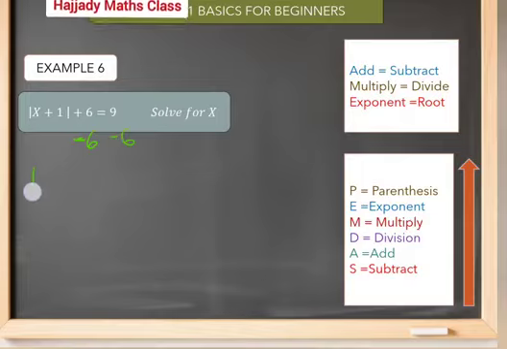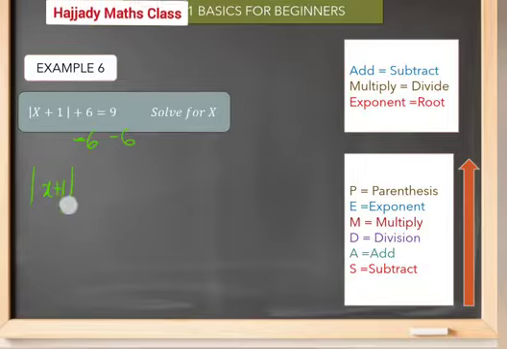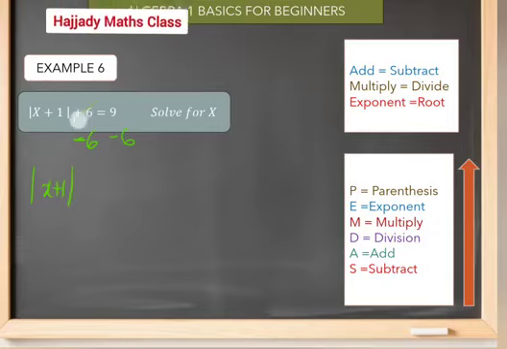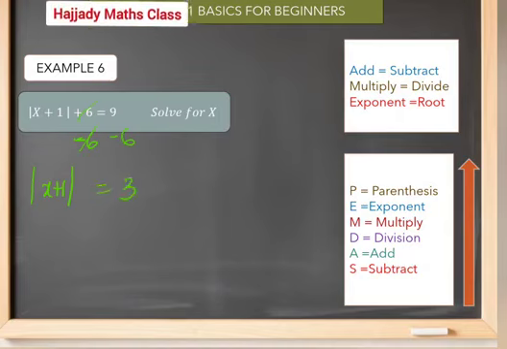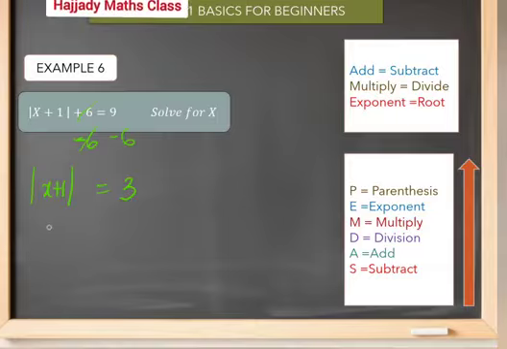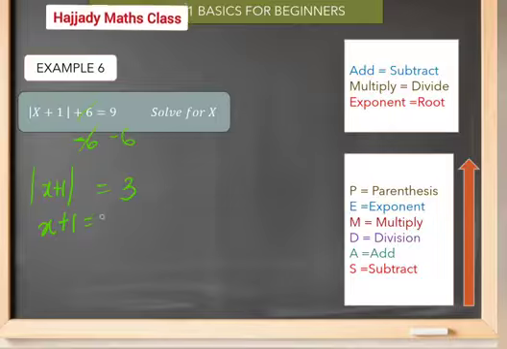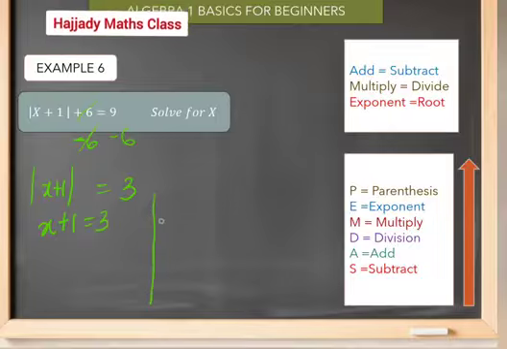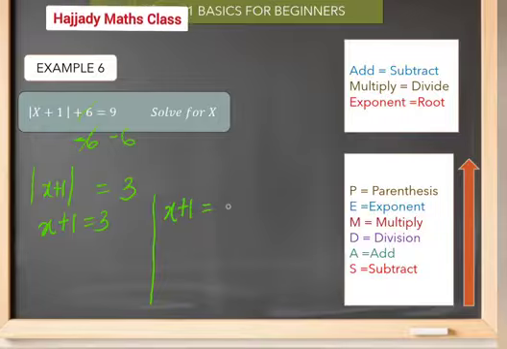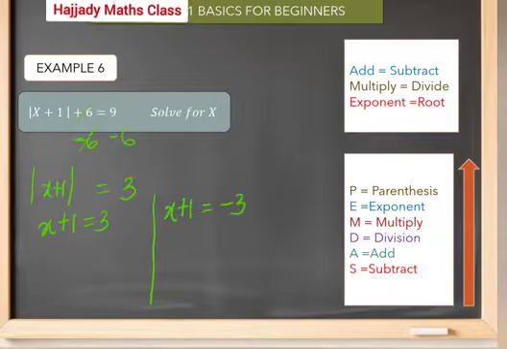And here we have the absolute value of x plus 1, plus 6, negative 6 cancel out. 9 minus 6 gives 3. Then you can apply the rule of absolute value, which says that here we have x plus 1 equals to 3, which is the positive side, or we have x plus 1 equals to negative 3.